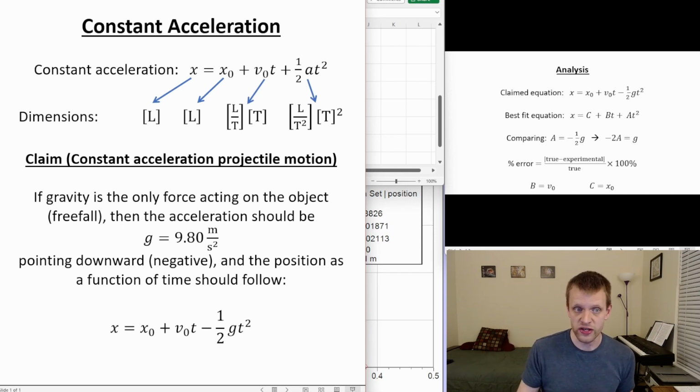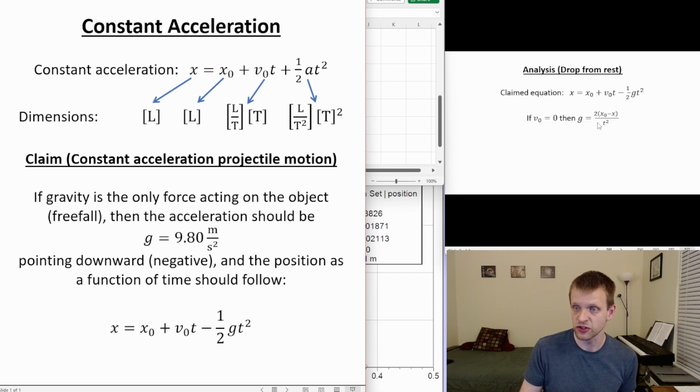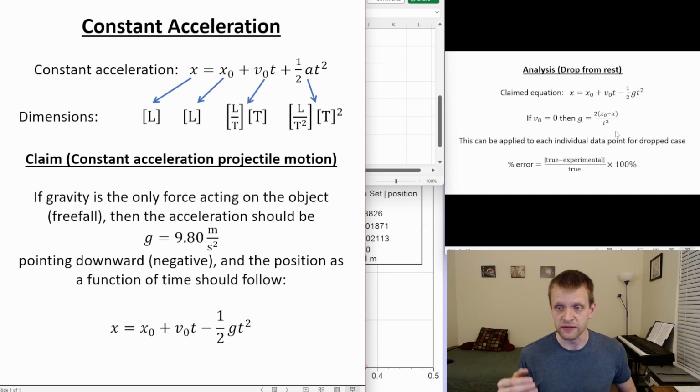And again, whether we use the constant acceleration equation and compare that with our best fit equations, or we look at the data points individually, we can get a decent estimate. It was a little bit higher error than I was hoping for, but we get a pretty decent estimate for this value of little g by looking at 2 times that change in position in meters divided by the time in seconds squared. We're having to square that time in order to get these values.